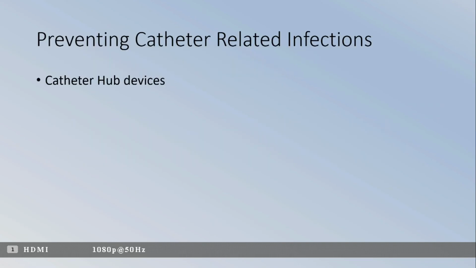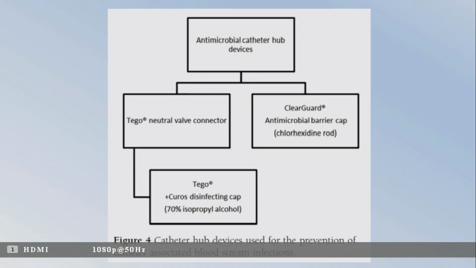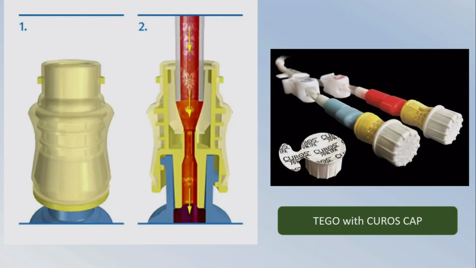Alright, now this is the next thing that you may be able to use in hub devices. There are 2 in the US now. One is this Tego with QMO caps. The QMO caps are nothing but isopropyl alcohol caps. And the other one is this ClearGuard. I'll just show you quickly. So this is the Tego. This yellow thing is a Tego device that needs to be attached to the catheter.